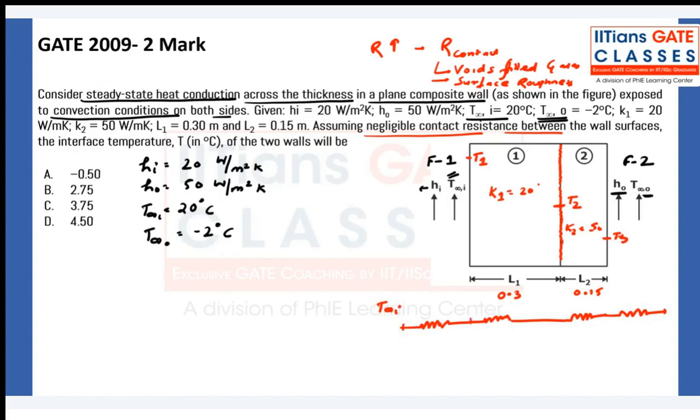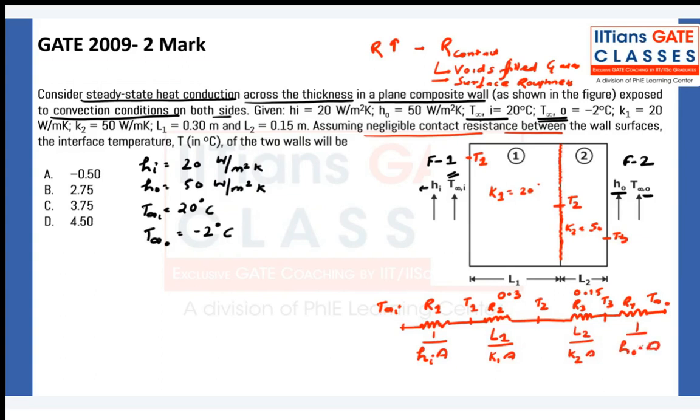Here it is T1, here T2, here T3, here T infinity out. R1 convection resistance, R2, R3, R4. This is 1 upon h_i A, L1 upon k1 A, L2 upon k2 A, and 1 upon h_0 A.